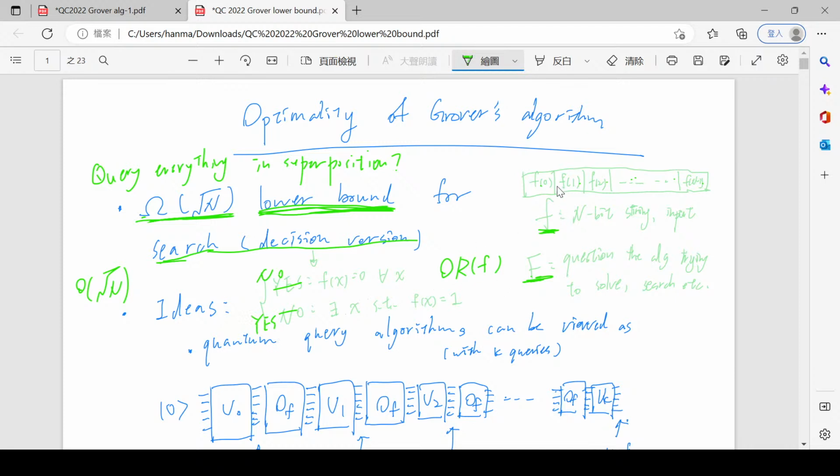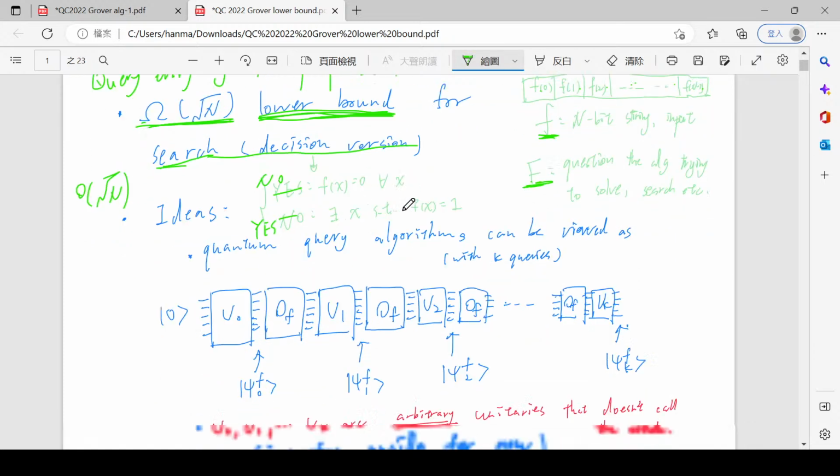So OR of everything 0 is 0, and if there is some 1, then OR is 1. But anyway, we don't really need to know it's an OR function. It's just some digression here. We know we are solving the search function.